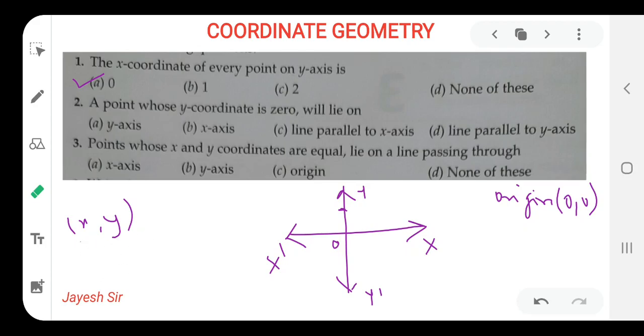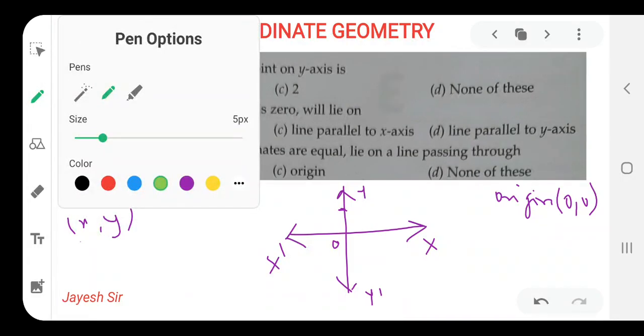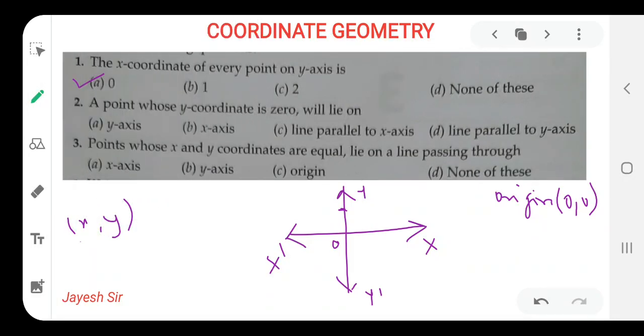A point whose y coordinate is 0. In the first sum we learned about the x coordinate of every point on the y axis, which was the first MCQ. Now the second MCQ: a point whose y coordinate is 0.